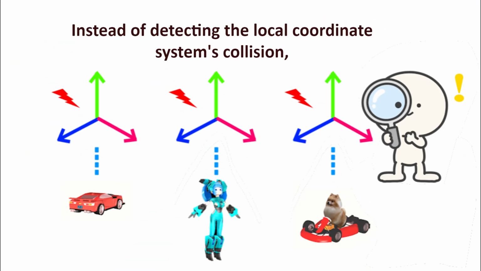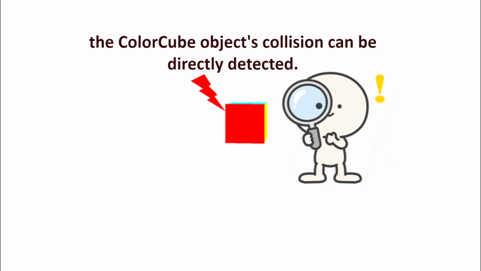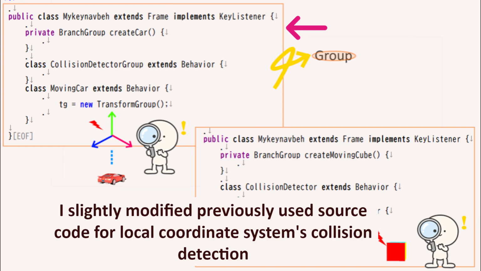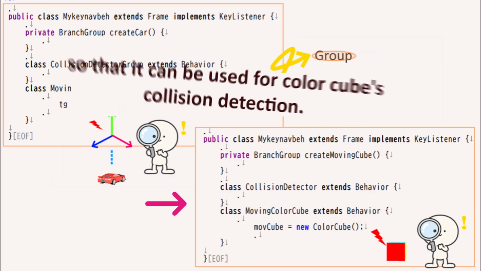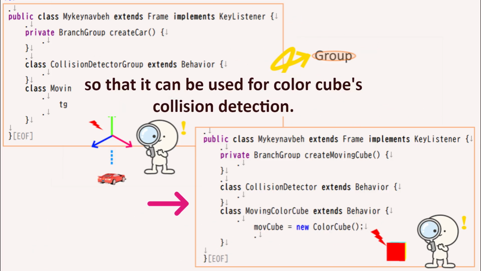Instead of detecting the local coordinate system's collision, the ColorCube object's collision can be directly detected. I slightly modified previously used source code for local coordinate systems collision detection by removing the word group so that it can be used for ColorCube's collision detection.